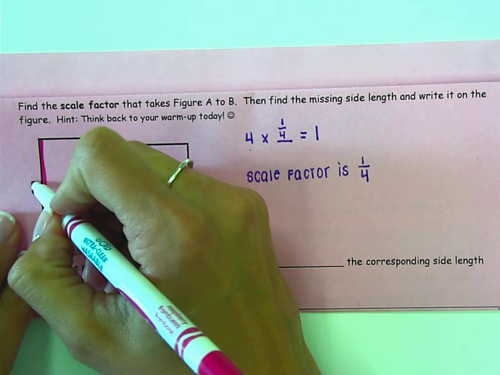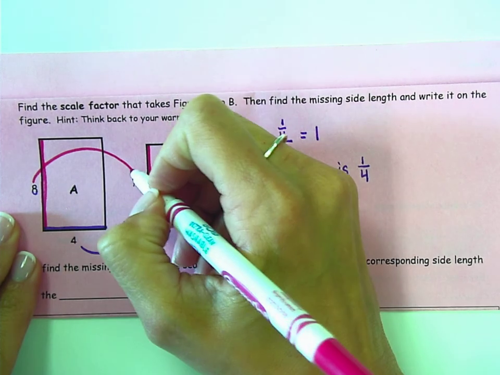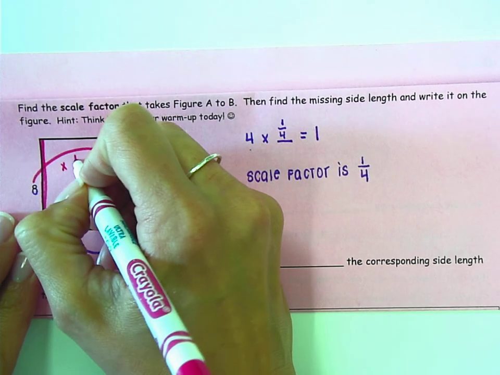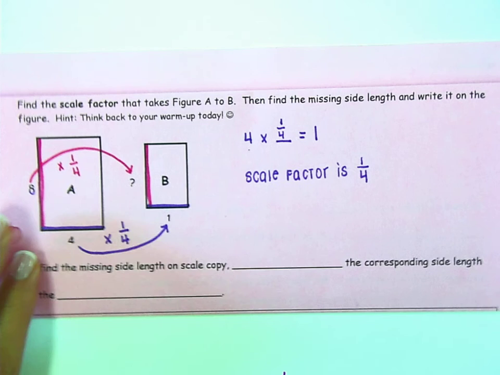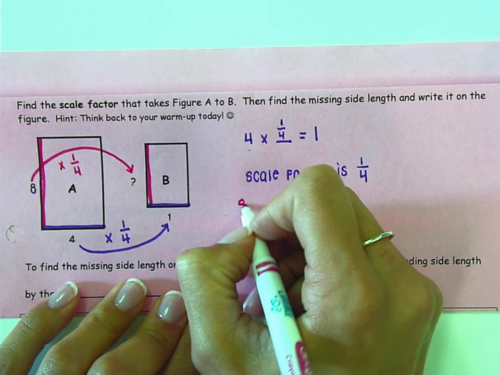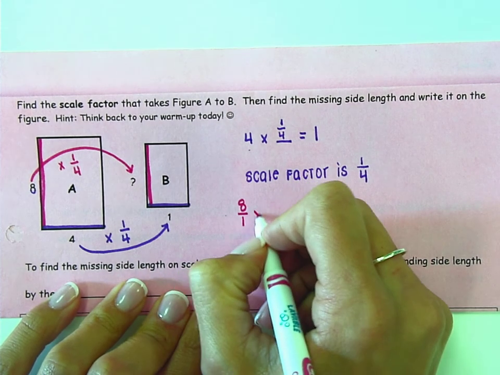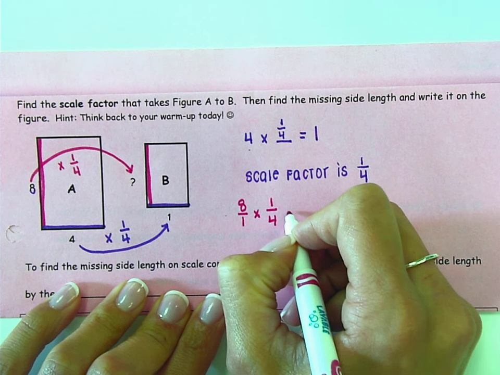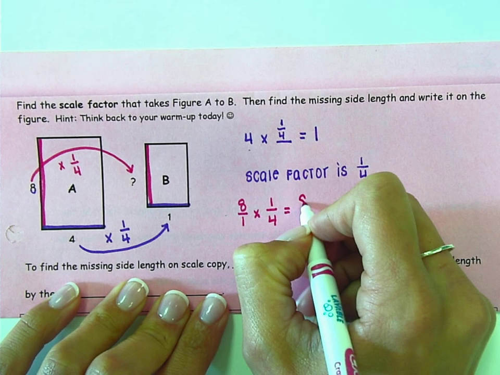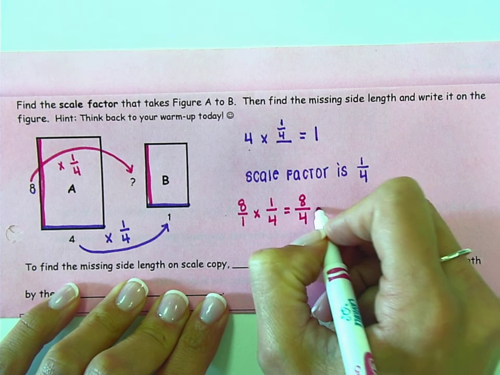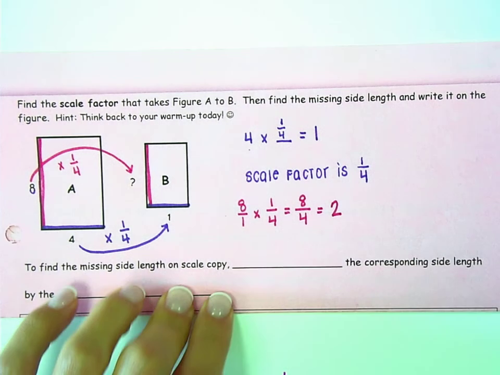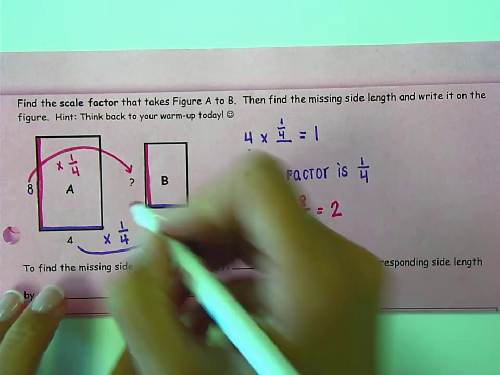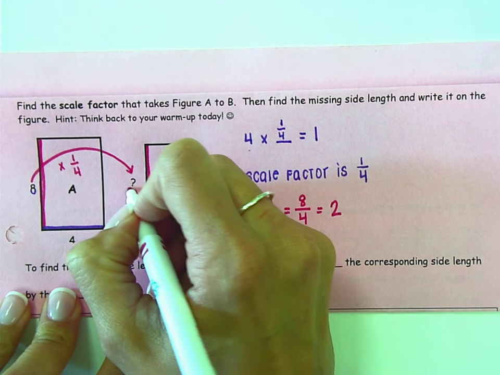Again, we're going to multiply our original side length by 1/4 to find that missing side length. So in this case, 8, or 8 over 1, times 1/4 is equal to 8 over 4, which is equal to 2. So our missing side length in this case is 2.